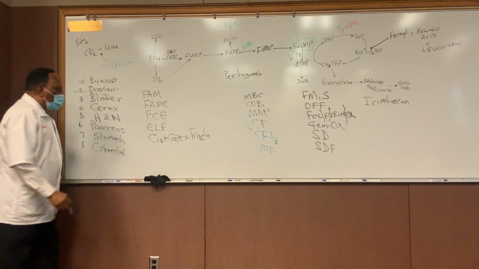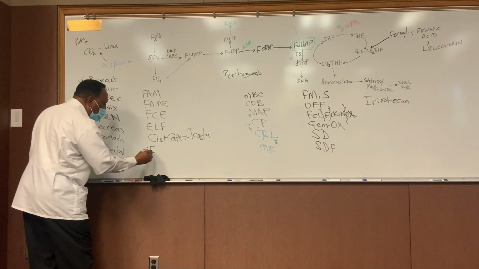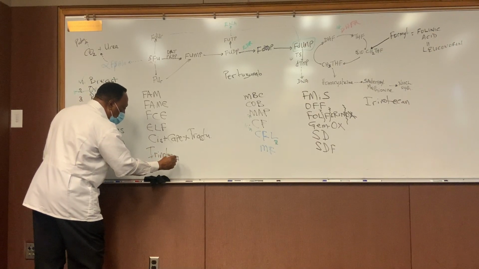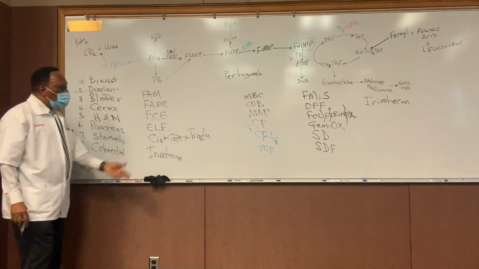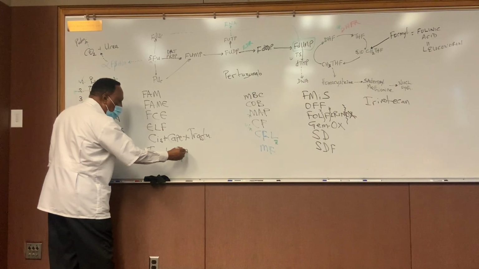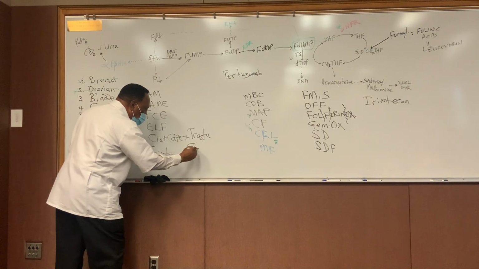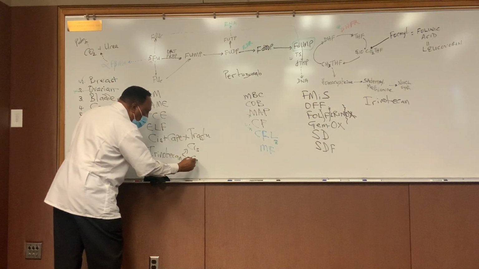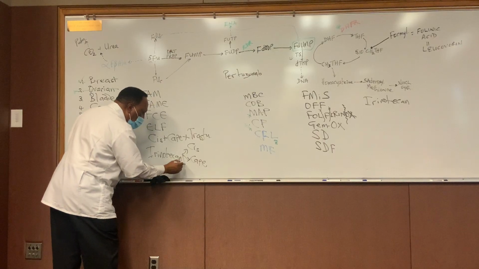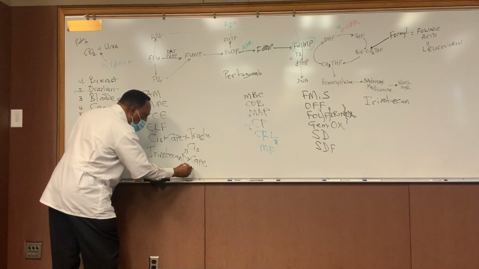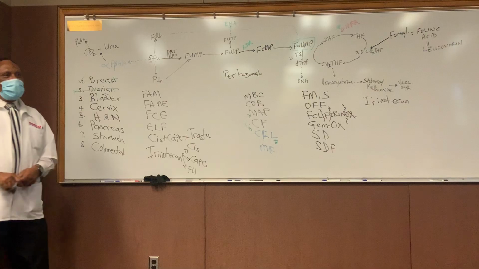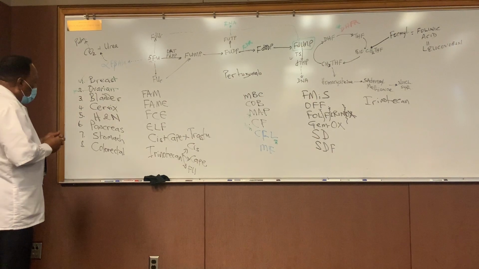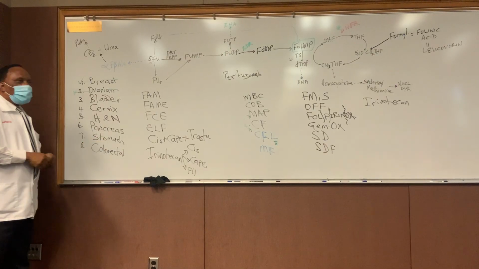Okay, or you can take irinotecan and combine it with, say, cisplatin or with capecitabine or with 5-FU. So those are regimens that are known to work very well in gastric cancer.